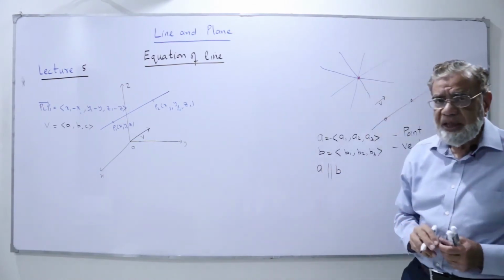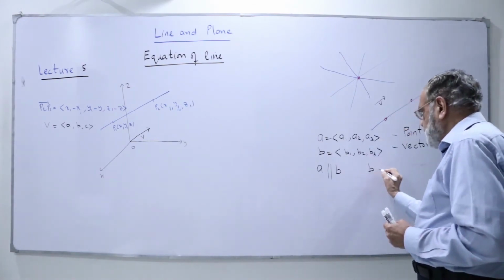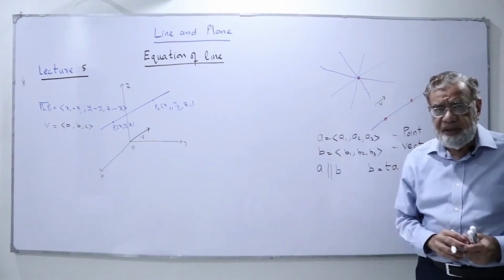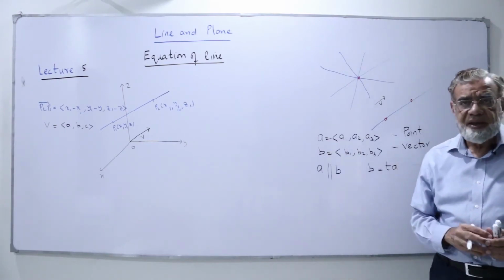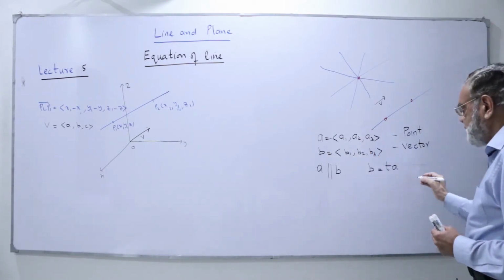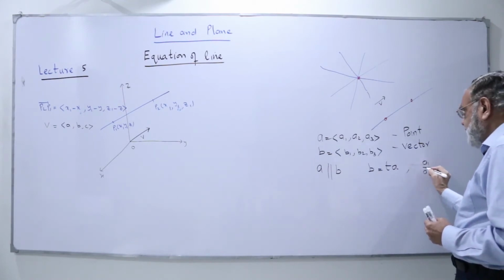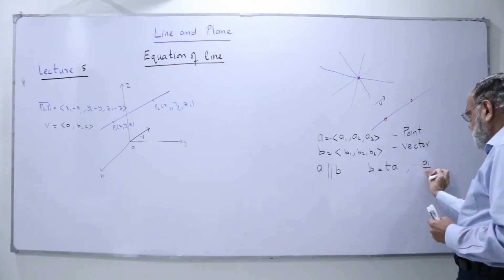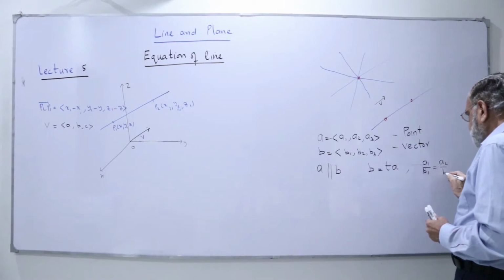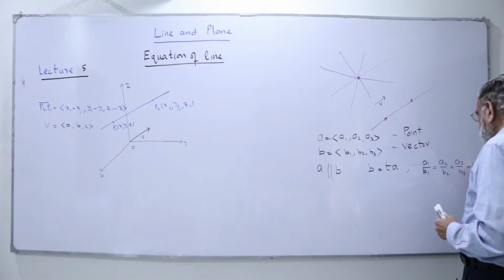As we discussed with vectors, when there are 2 vectors that are parallel, then b is equal to t times a, where t is any scalar. There is another way: a1 over b1 is equal to a2 over b2 is equal to a3 over b3, and this is equal to t.